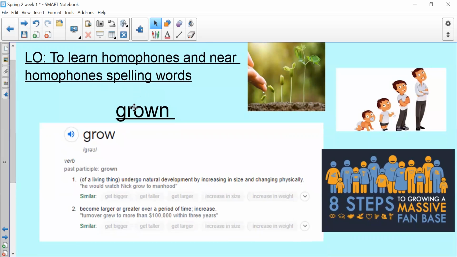Our next word is grown, and it is the past tense of the verb to grow. Okay, so it's a verb, and the meaning is, like we did in science, where we looked at the growth of plants, of a living thing to undergo natural development by increasing in size and changing physically. Okay, so you could say, oh, look how my plant has grown, past tense of grown. Or another living thing, human, could say, oh, look how my big brother has grown.